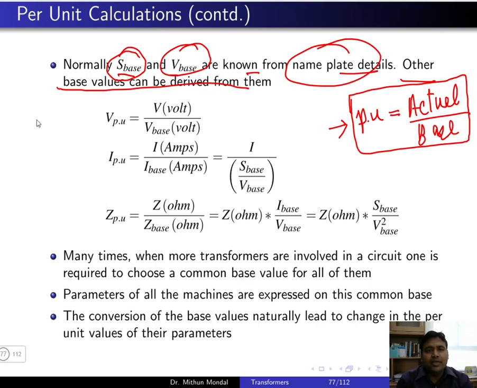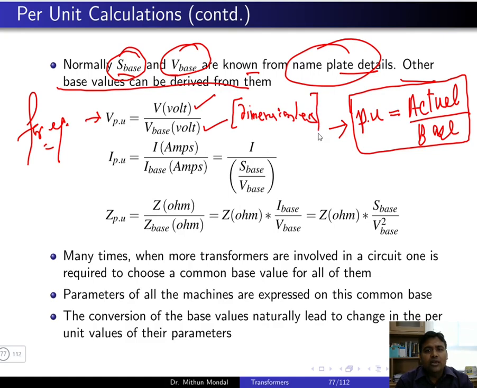For example, let us see how we calculate this. To obtain the per unit value of the voltage, we take the actual value of the voltage in volts divided by the base value in volts. You can see here the numerator and denominator are of the same unit, so basically the per unit system is dimensionless. We do not have any unit for the per unit system.